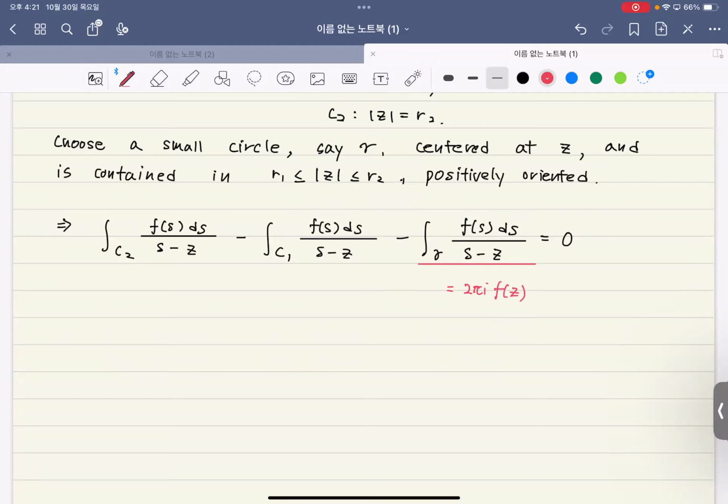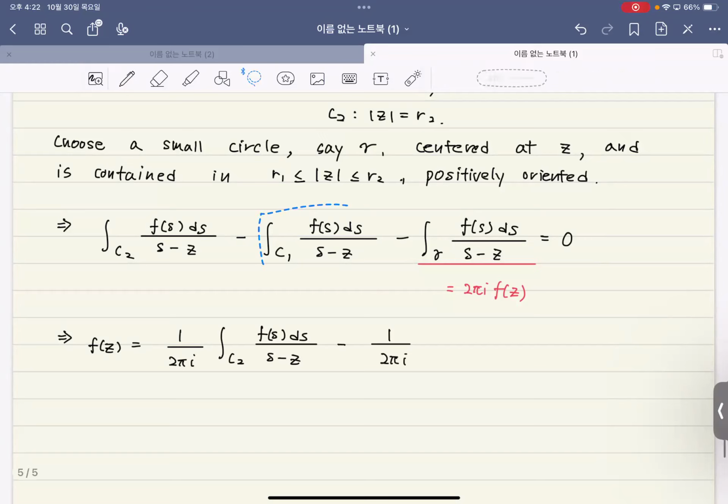So f of z is 1 over 2 pi i times the integral over C2 of f(s) ds by s minus z, again minus 2 pi i times... like this.